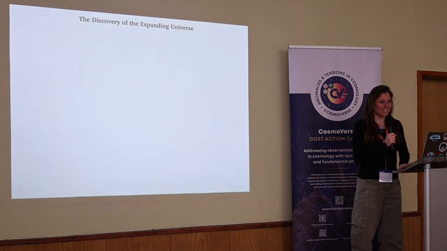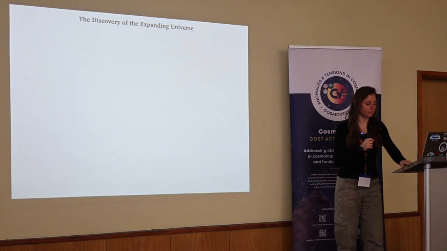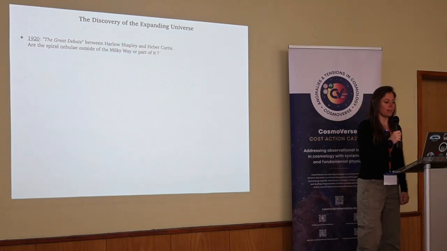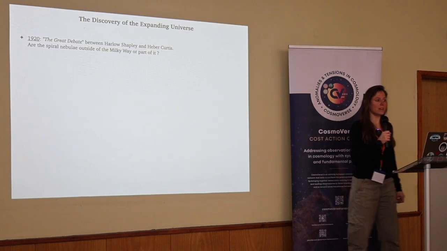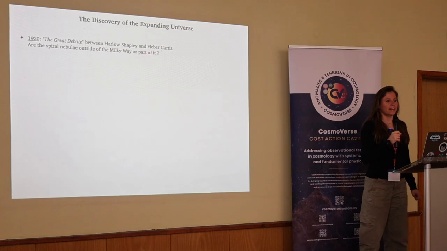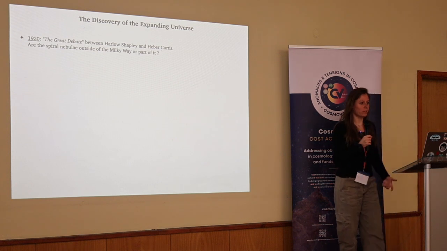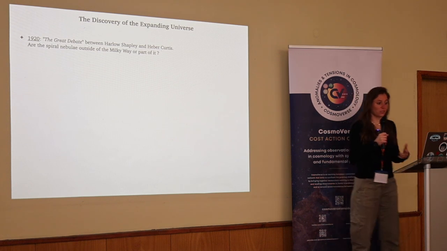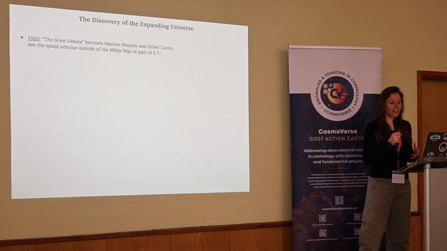So let's go back a couple decades ago and talk about the discovery of the expanding universe. In the 1920s, there was a great debate between Shapley and Curtis. They were observing some regions in the sky that they called the spiral nebulae, but back then, like 100 years ago, even the term galaxy was not so common, and we didn't know what a galaxy was.